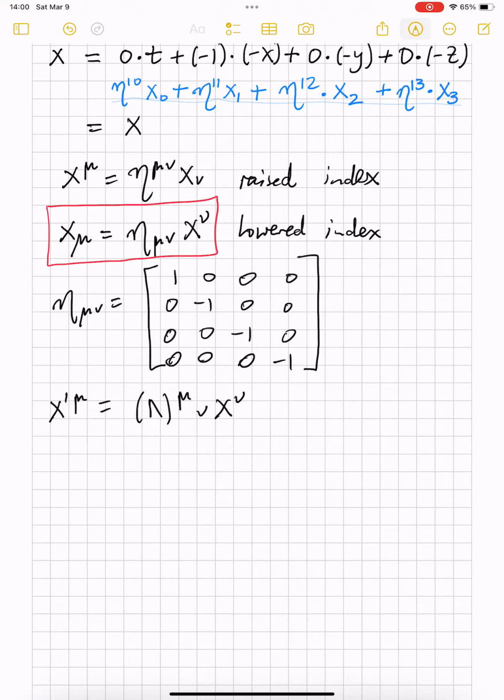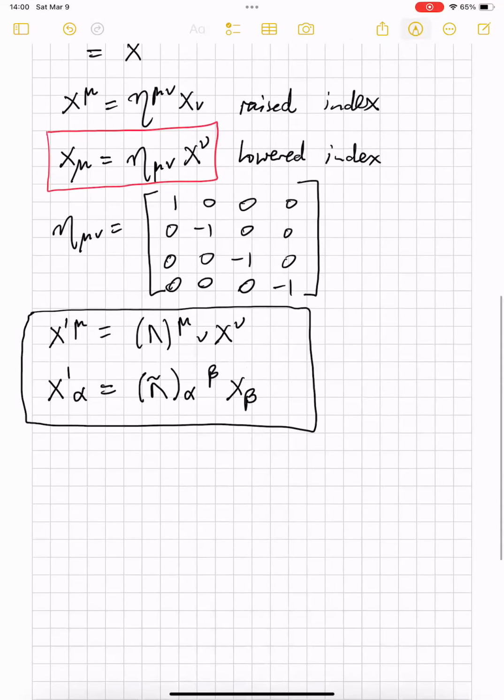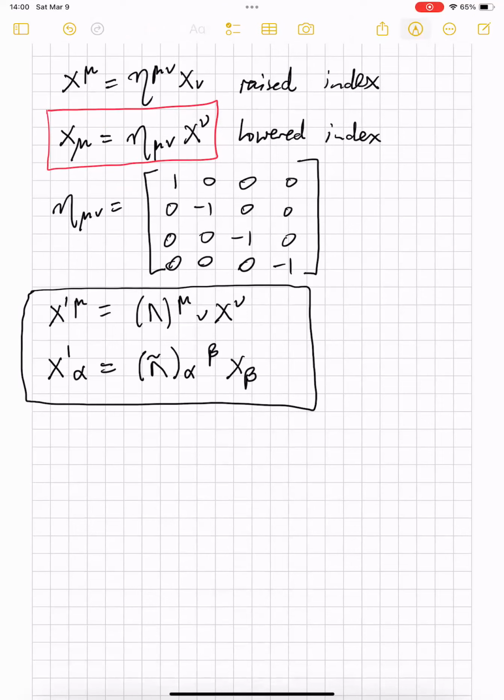We're also going to need the rule for how a covariant index transforms. Let me call this matrix lambda tilde. There will be an alpha and a beta and an x beta. And of course, lambda specifies the Lorentz transformation, so I would expect that I can write lambda tilde in terms of lambda. That's what I'm going to try to do now.